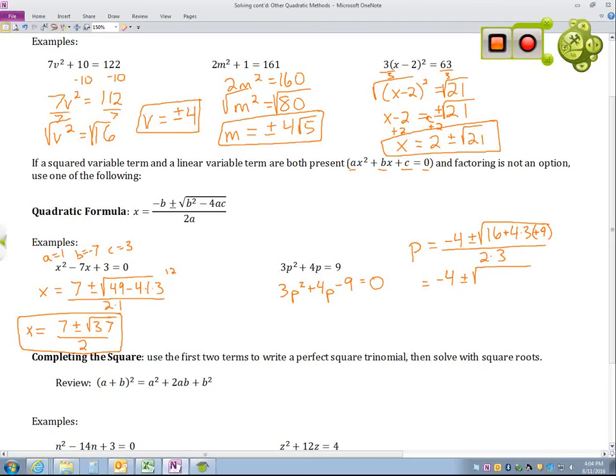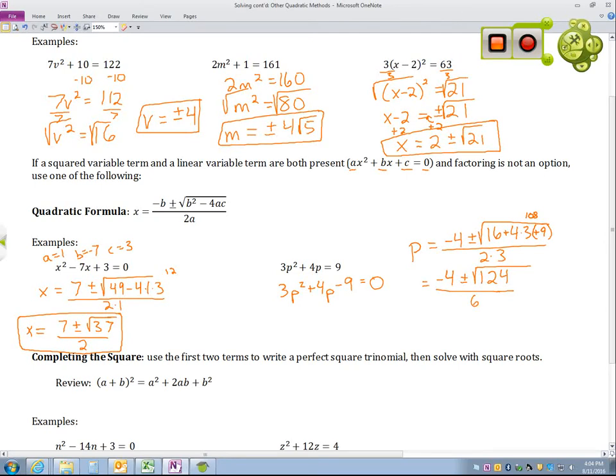I'm going to do 3 times 9 is 27. 27 times 4, well, 27 times 2 is 54. Doubled again is 108. So that's going to be 108 plus 16. Okay, so -4 plus or minus root 124 all over 6.